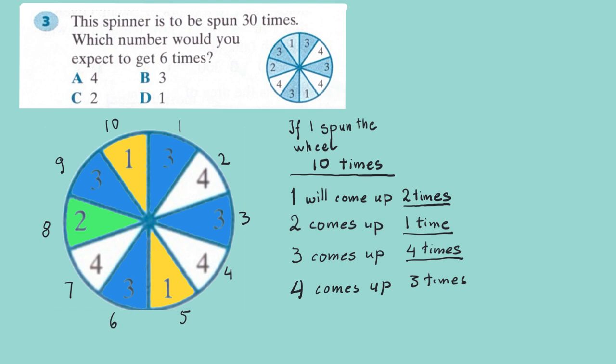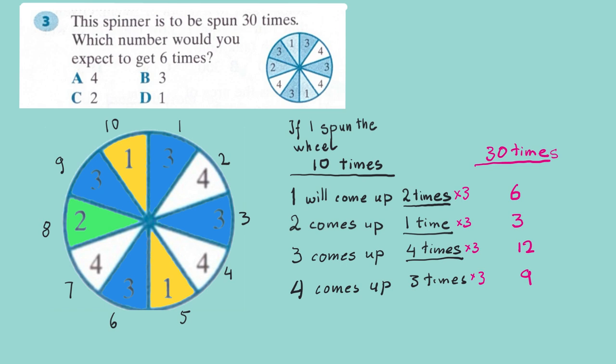So what will happen if I spin it 30 times? Then I will need to multiply this by 3, this by 3, all of them by 3, and 1 will come up 6 times, 2 will come up 3 times, 3 will come up 12 times, and 4 will come up 9 times.